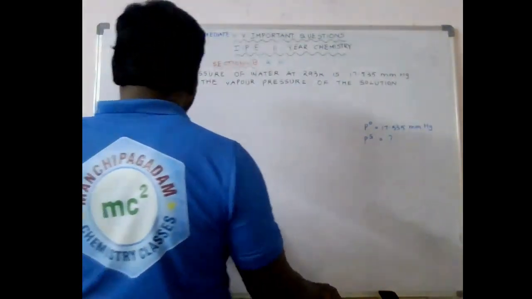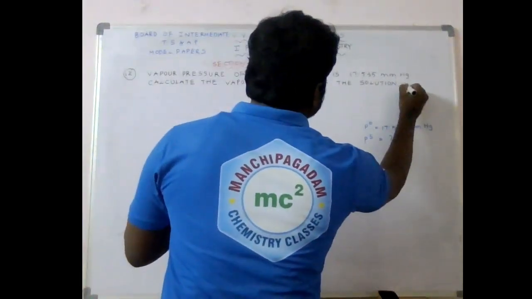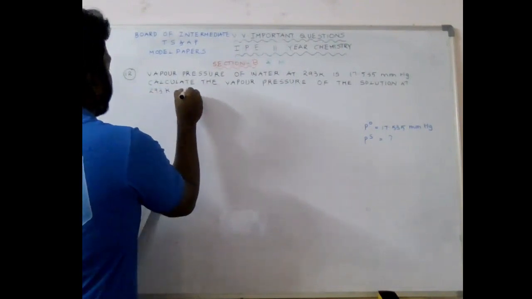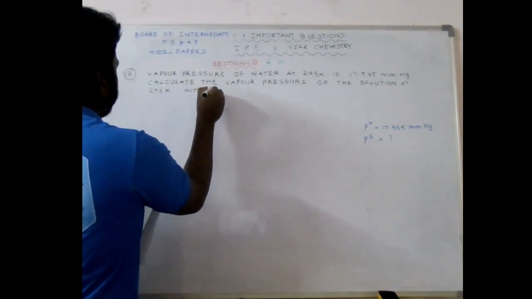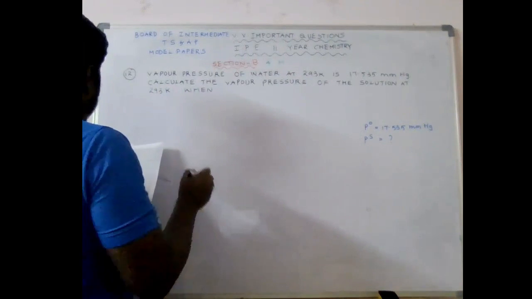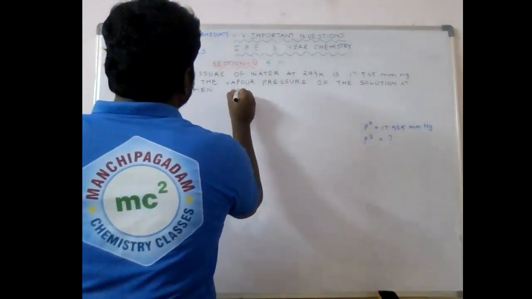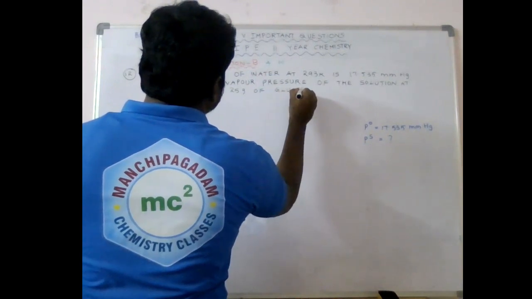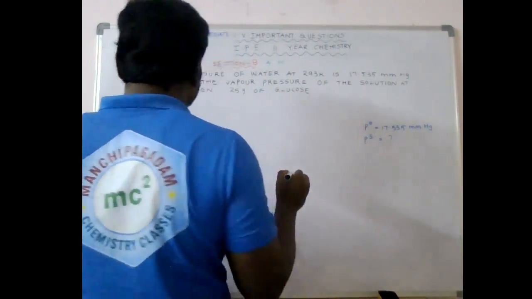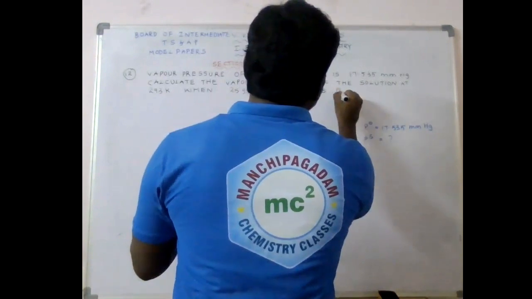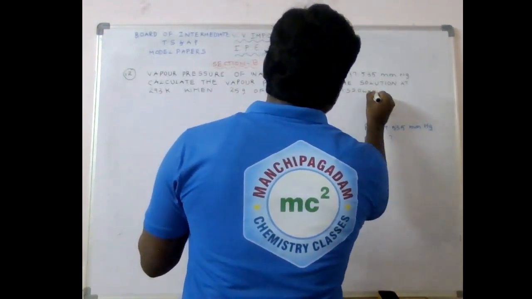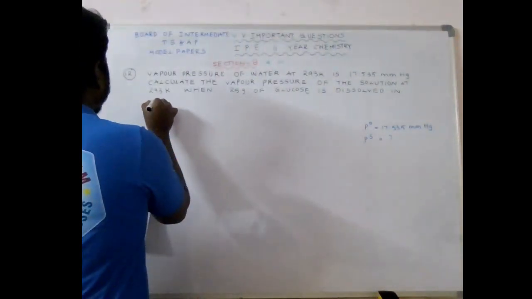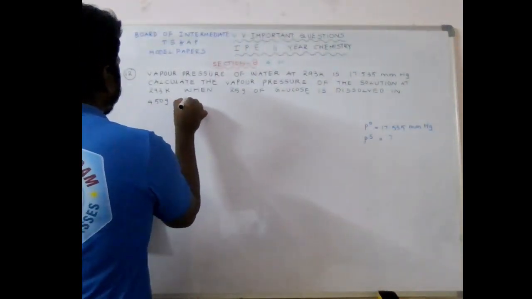At 293 Kelvin only. He has still given some information. 25 grams of glucose is dissolved in 450 grams of water.